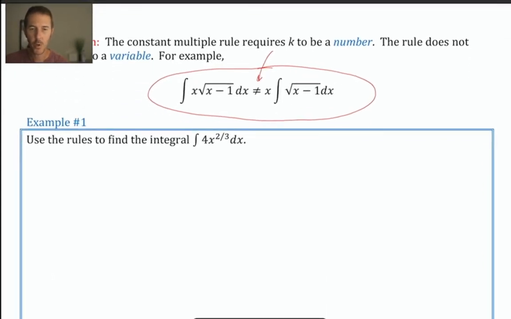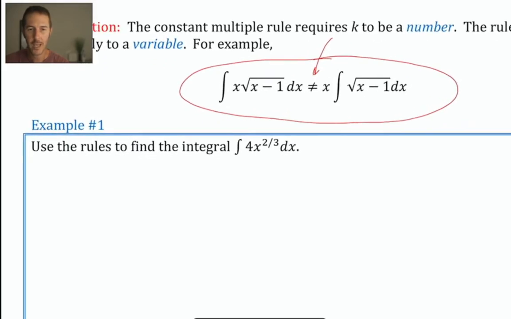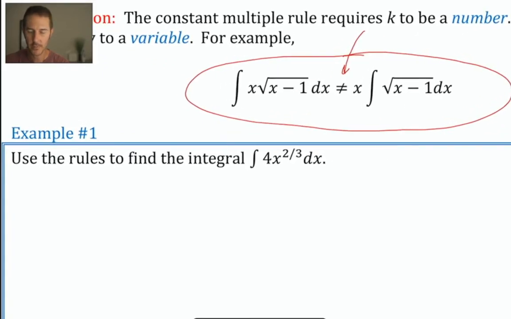However, in example number 1, we see an example where we can use that factoring process. We could say that this integral is equal to 4 times the integral of x to the 2/3 power, integrating with respect to x. So let's keep the 4 there and multiply by, and now let's figure out the integral of x to the 2/3. We're going to keep the variable x.